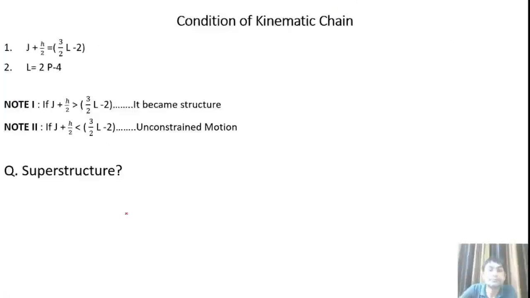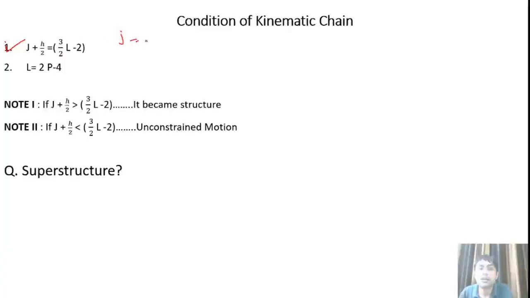Next, now what is the condition of a kinematic chain? Condition of a kinematic chain: first, J plus H by 2 is equal to 3 by 2 L minus 2. Now what is J?